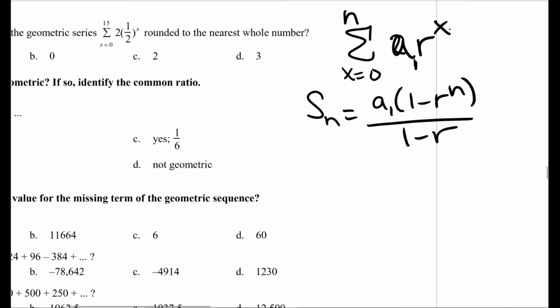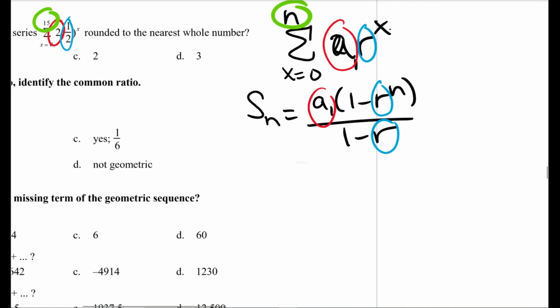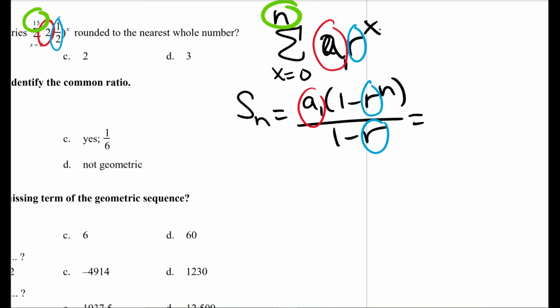Okay, so if you were to compare these two forms, you can tell that a1 is 2. So we're going to plug 2 into there. And then you can tell that we have the r to the x power, so that's going to go there for r. And then lastly, we have our n. Our n is clearly the 15. So we're going to plug that into the sum formula.